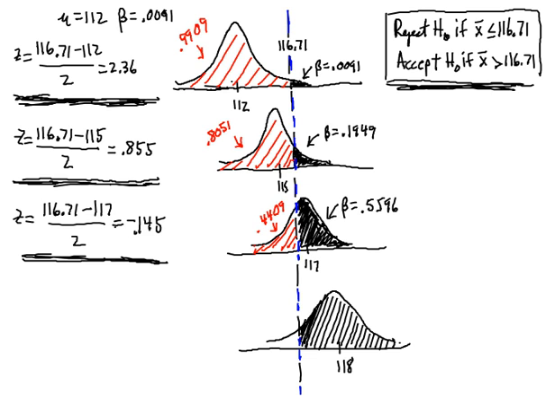So again, what is the probability that we will make a type 2 error? Well, it's the area under the curve of the density function for the sampling distribution above the 116.71 mark. And how to calculate that?